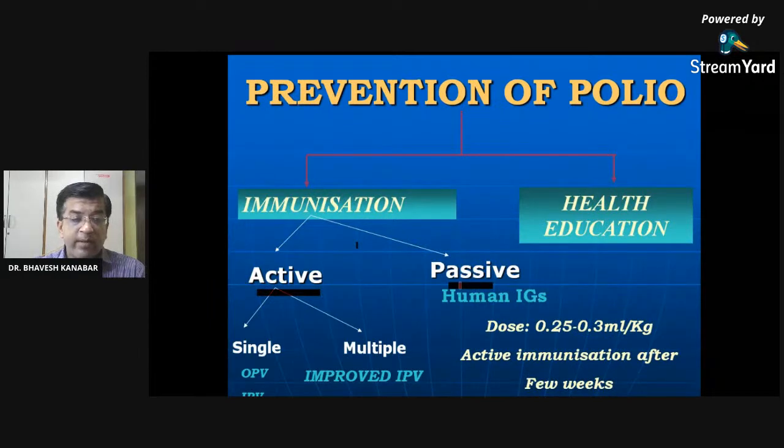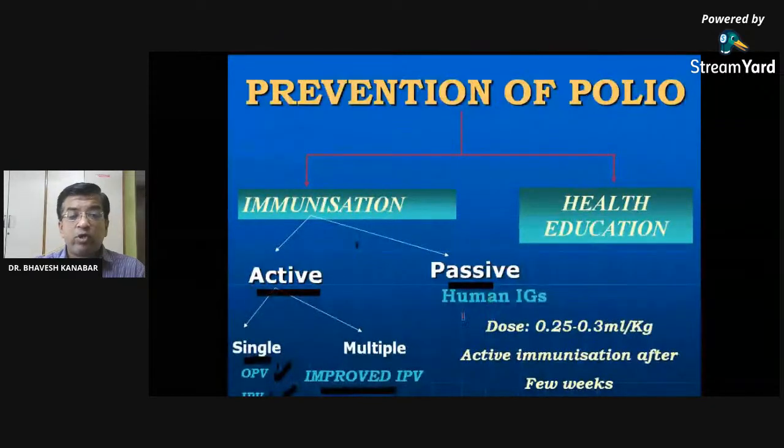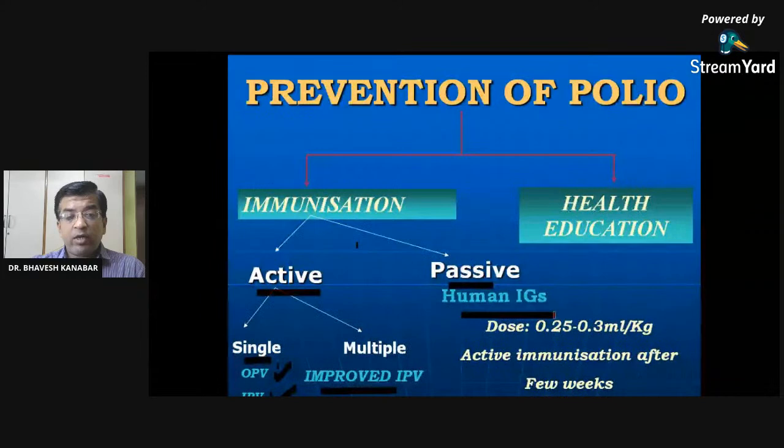Active immunization is with the help of the vaccine: a single vaccine, that is OPV, oral polio vaccine, given by oral route, or IPV, and multiple, that is improved IPV, right? So apart from OPV, the IPV vaccine is also given. Passive immunization by human immunoglobulin is not currently employed. Only with the help of the vaccine have we eliminated poliomyelitis from India, and health education, of course.